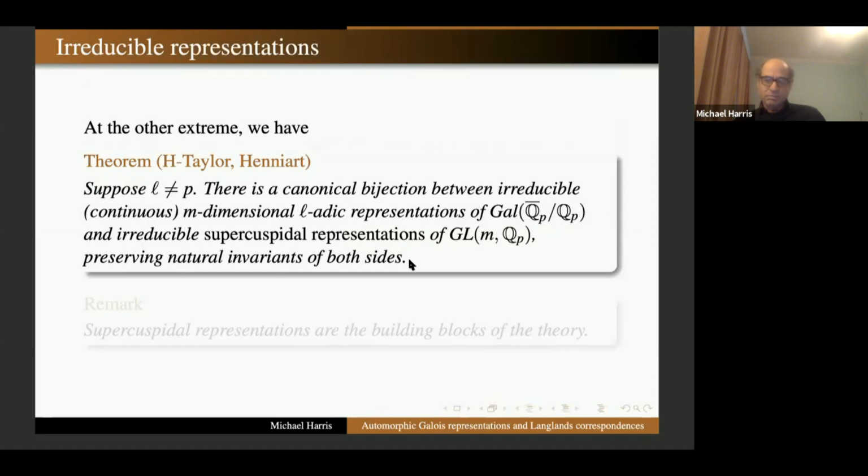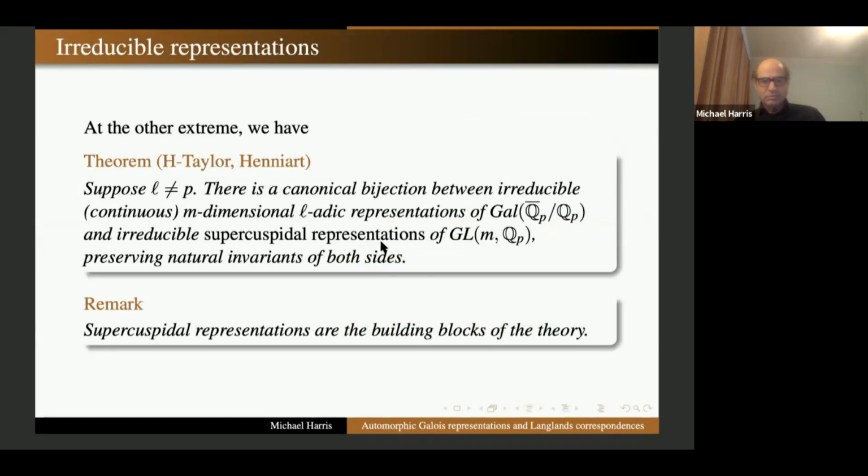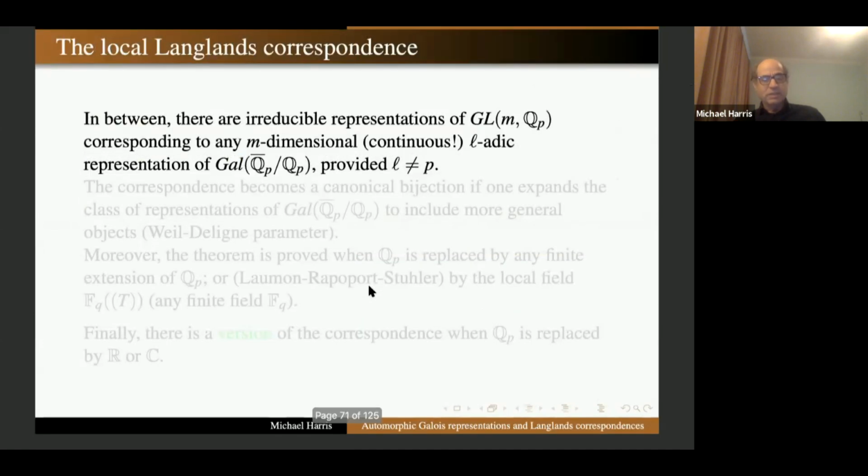But for some purposes, we'd rather forget about that and just think of it as determined by these natural invariants. Then, whatever supercuspidal representations are, they're the building blocks of the theory. So how can I explain this?